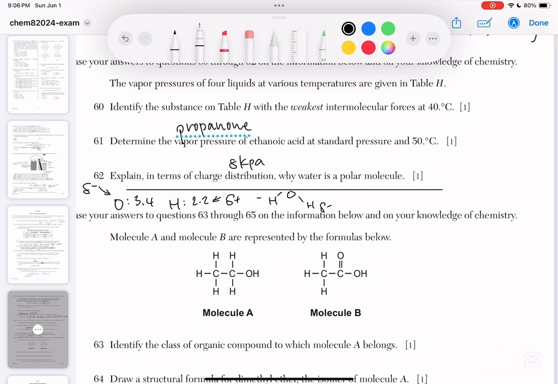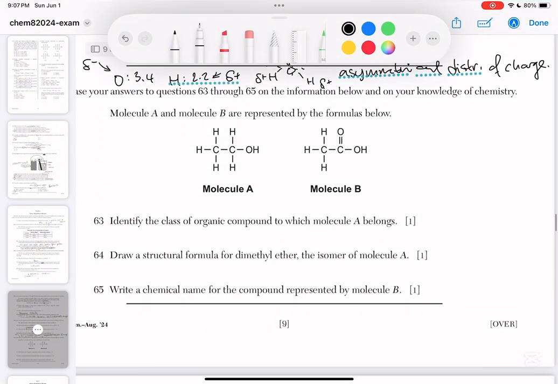If you draw the structure, you can see that the hydrogens are both partially positive and the oxygen is partially negative. If you draw lines of symmetry, you would see that the charge distribution is asymmetrical. So you can just say asymmetrical distribution of charge as your justification as to why water is a polar molecule. And then this one is a reference table question.